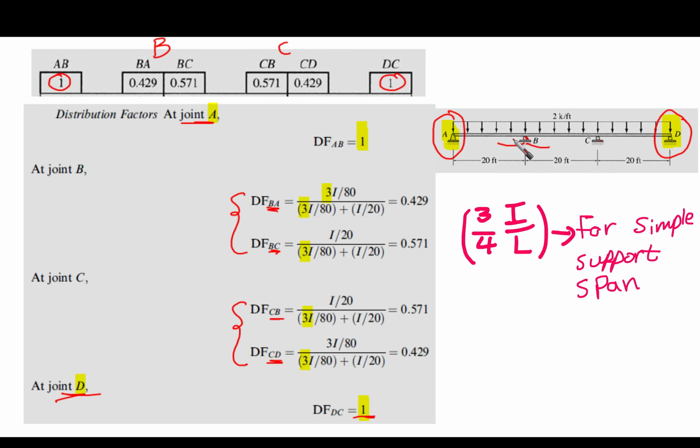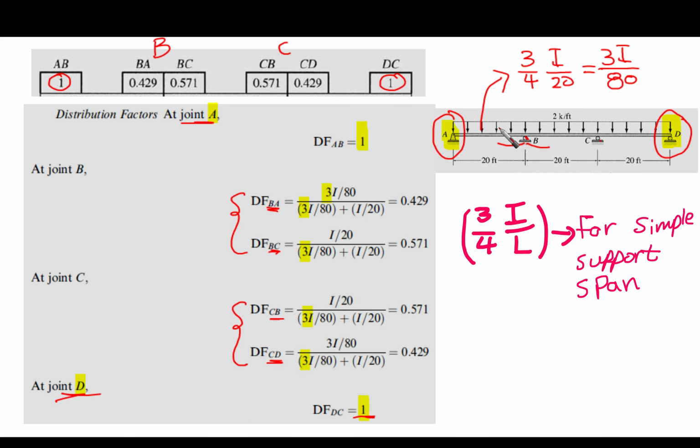Take care that I said that whenever we have a span ending with simply supported, then its relative stiffness should be 3/4 I over L, for the simple support span, which is for span AB and for span CD as well. So this span is 3/4 I over L, with L equal to 20, so it is going to be 3I over 80.